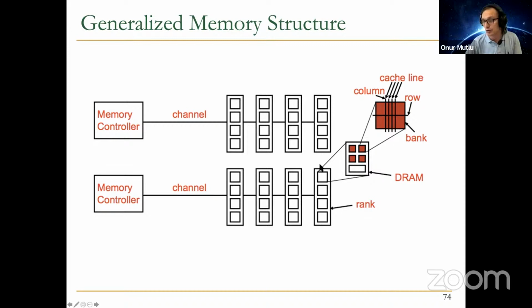Now, this is a module also. So you have 4 modules in this channel, 4 modules in this channel. So you have multiple channels also, so that you can again improve throughput. You can do multiple accesses, and you can also have higher capacity, as you can see. This hierarchical structure enables you to start with as low an access latency as possible and build up to high capacity as well as high bandwidth at the same time.